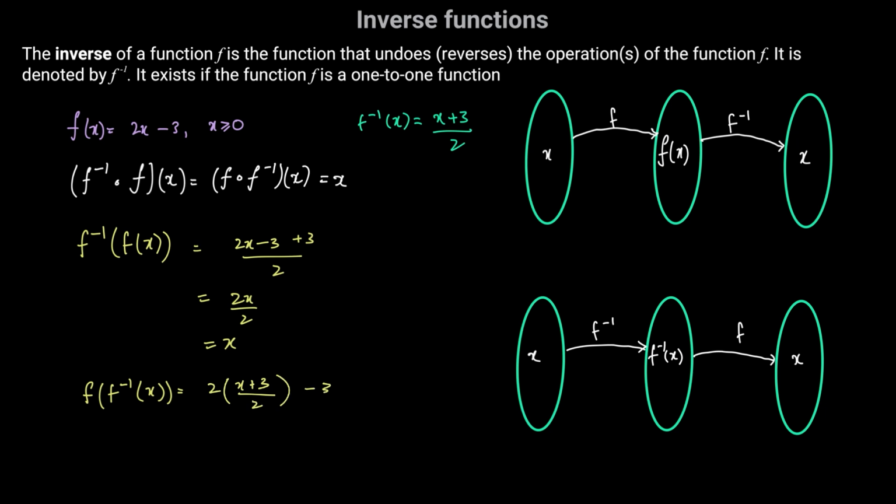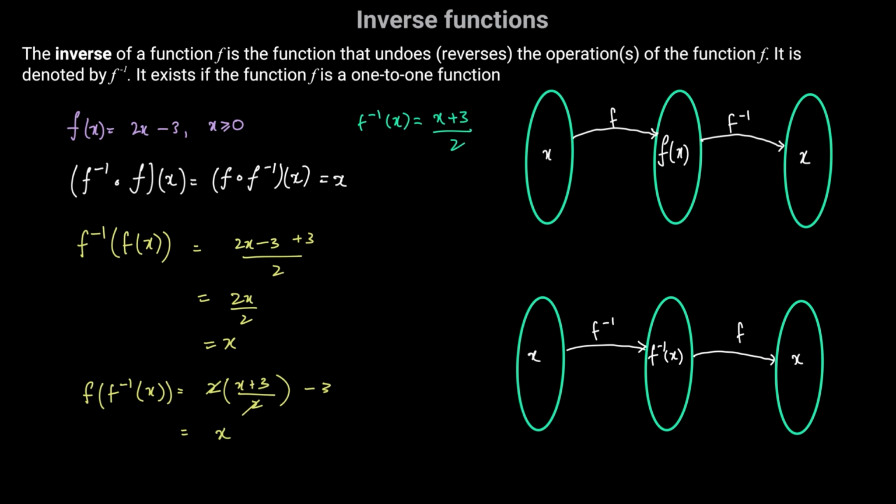And what we get over here is x plus 3 minus 3, and that again returns x. So we can prove that these two functions are indeed inverses of each other by simply proving that these two compositions, the composition of a function and its inverse with a given input, will always result in the input itself.